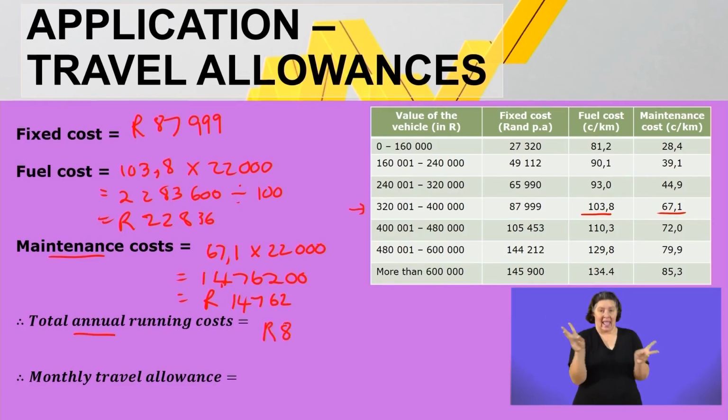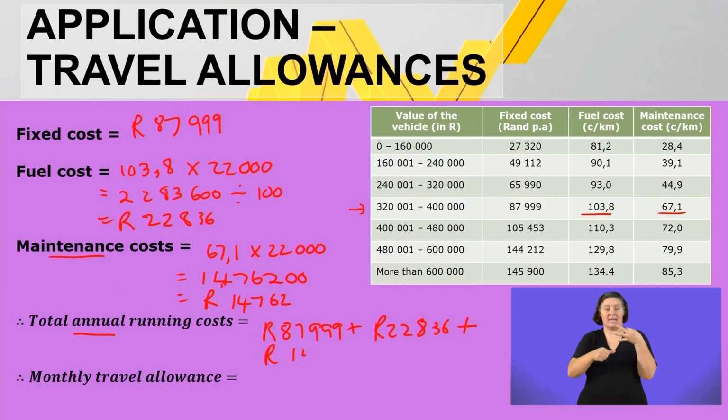So I take the 87,999 Rand plus 22,836 Rand plus the maintenance cost of 14,762 Rand. So let's see what we get. 87,999 Rand plus 22,836 plus 14,762 Rand. So per annum, it gives us 125,597 Rand.